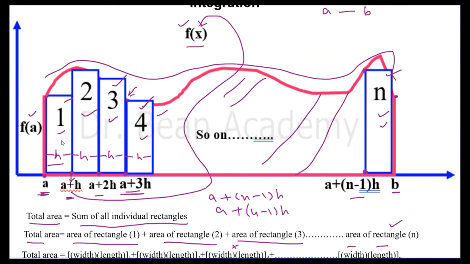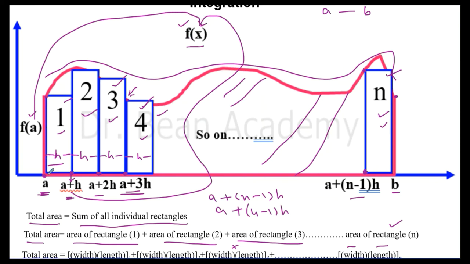And you know that if this line is touching the curve at the top, and if I know the function of that curve, f of x, I will just put this value A into this x, and then this function will give me the length of this line, right?